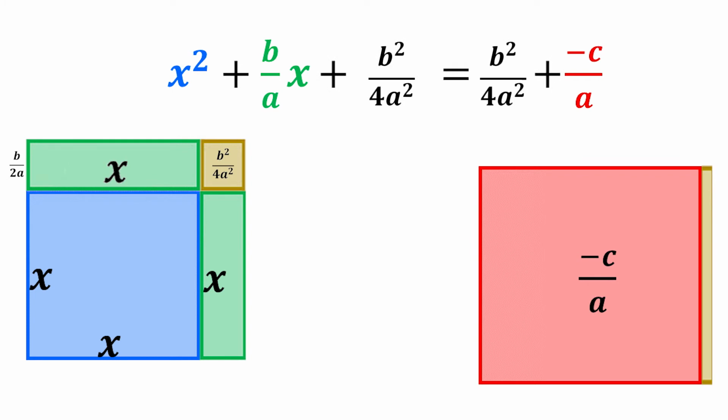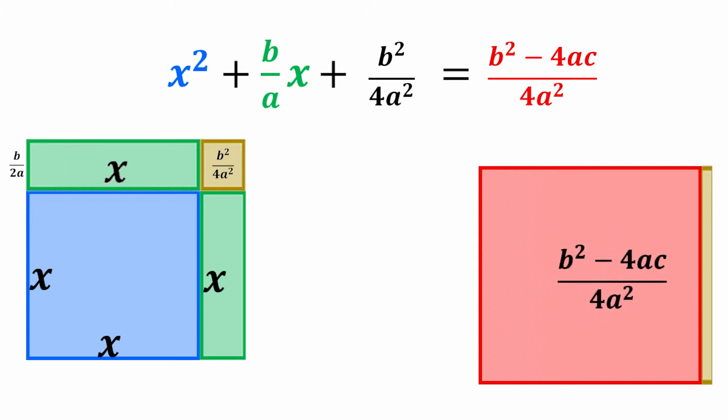Since we added the red rectangle and the yellow rectangle together down below, we will also do the same to their algebraic partners. We first need to have the same denominator, which is 4a squared, and then we add them. We end up with b squared minus 4ac over 4a squared. So this also becomes the area for our rectangle down below.